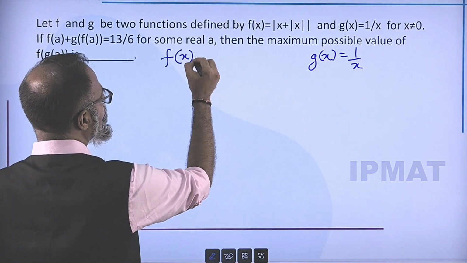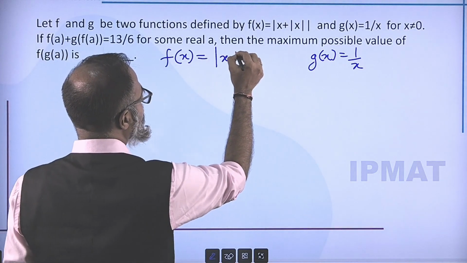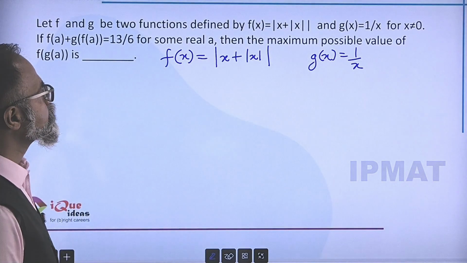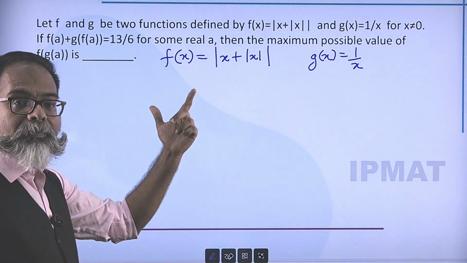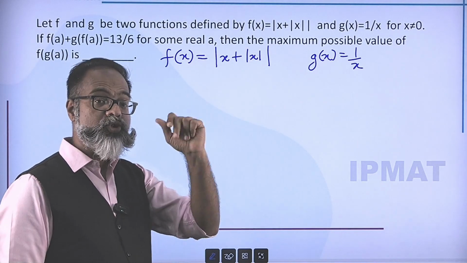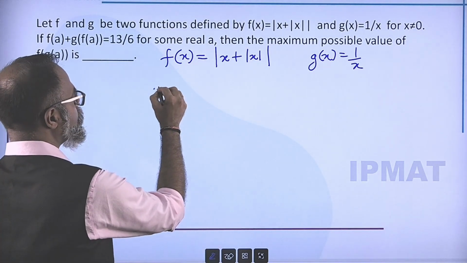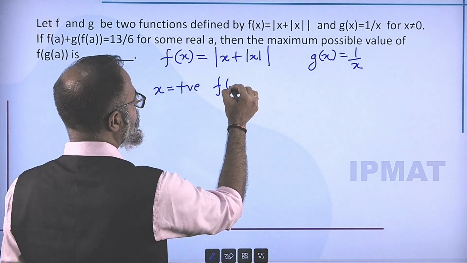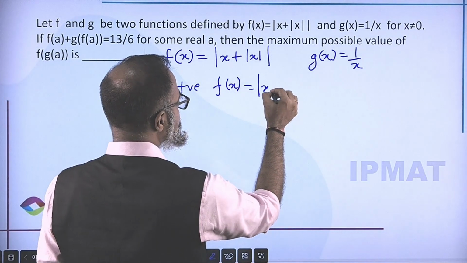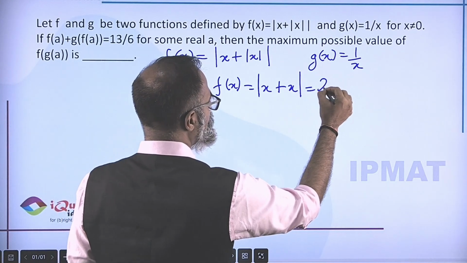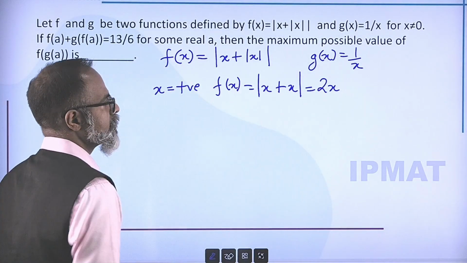It says f(x) is the modulus of x plus x. Now, modulus means the positive and the negative value of the number always become positive. So that means two possible scenarios. If the original number itself is positive, then f(x) is x plus |x|, which is 2x, and x is positive, so 2x is positive.